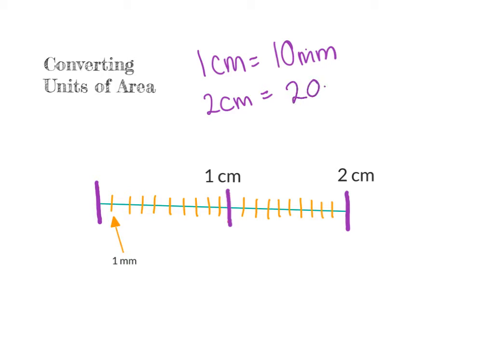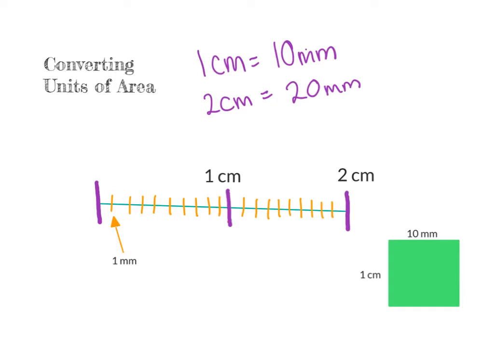So 20 millimeters. For every 1 centimeter, there are 10 millimeters inside that centimeter. So if I wanted to represent this length, I could write it as 1 centimeter and that would be right. Or I could write it as 10 millimeters and that would also be right.